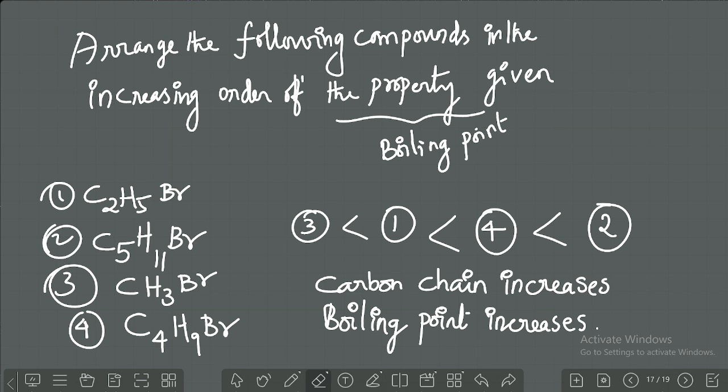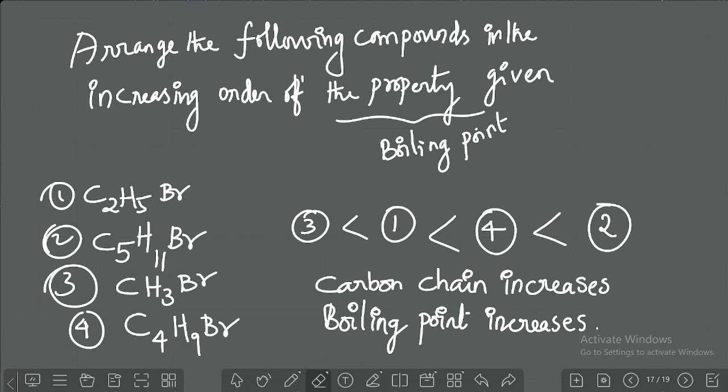Second point, when carbon chain increases, surface area increases and van der Waals force also increases. Right? Surface area increases, van der Waals force also increases. These two are the reason why boiling point increases.